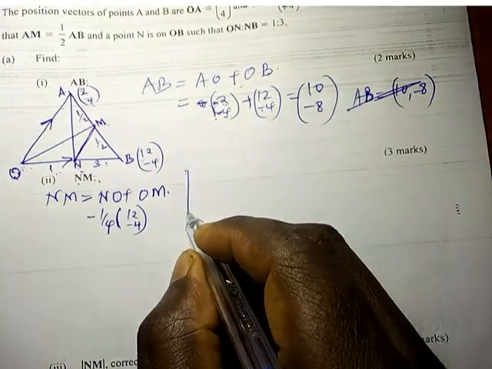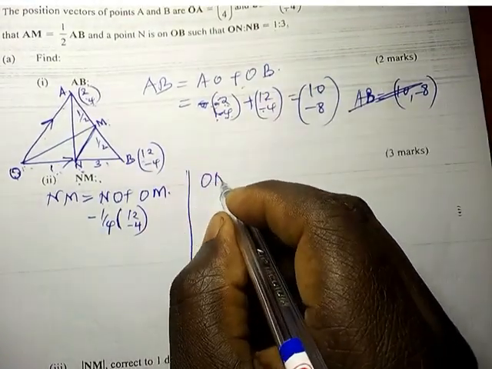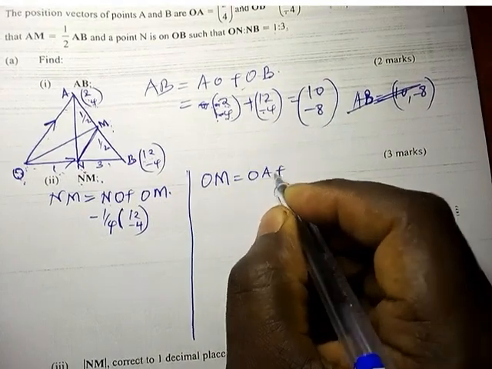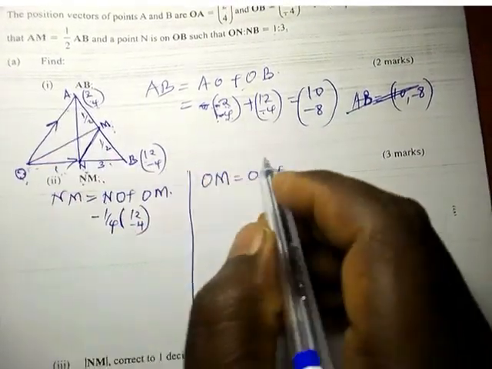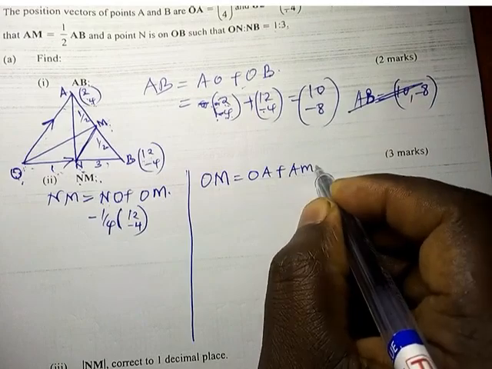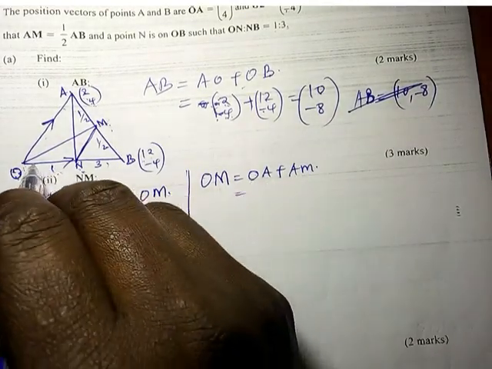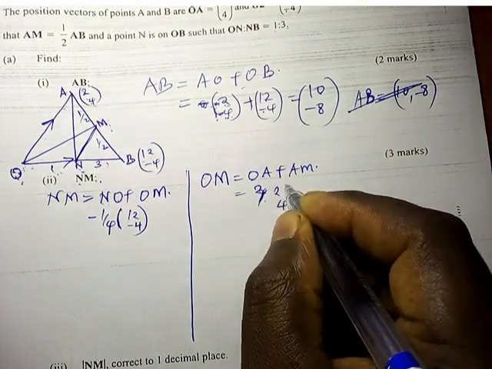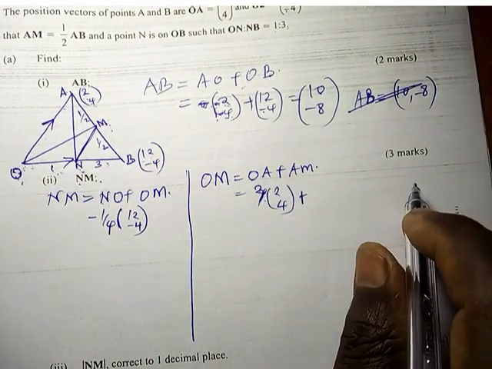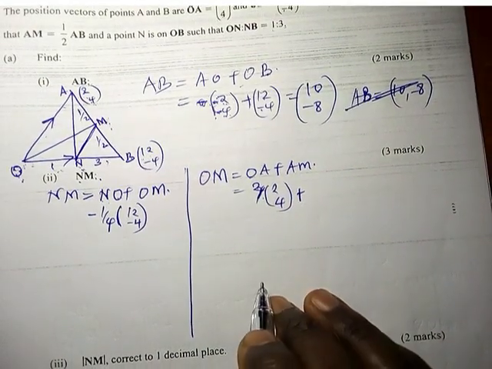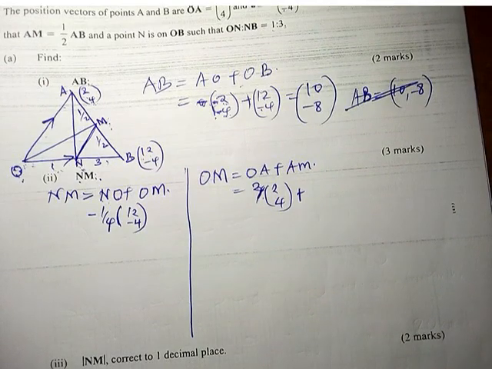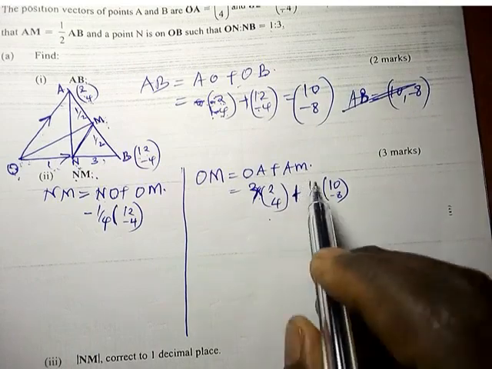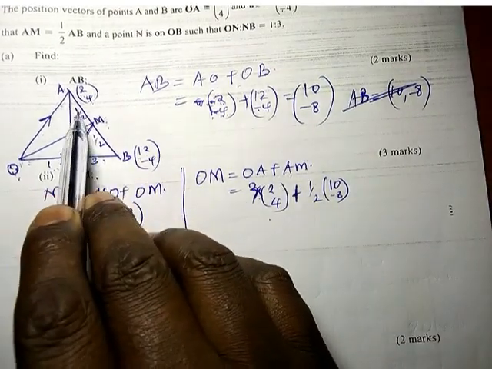So let us see OM. OM is equal to OA plus AM. OM is 2, 4 plus AM. AM is simply a half AB.